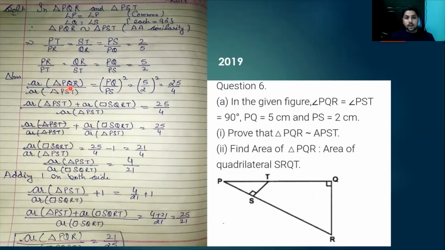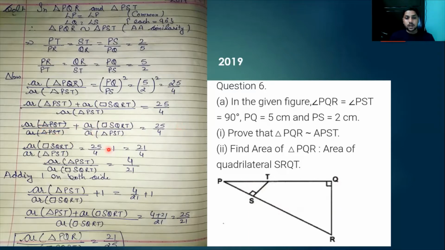Now the area of triangle PQR, the larger triangle, can be split into two parts: area of PST plus area of quadrilateral STQR. Then over the area of triangle PST as it is. Dividing both sides, the PST areas cancel, and so we have 1.